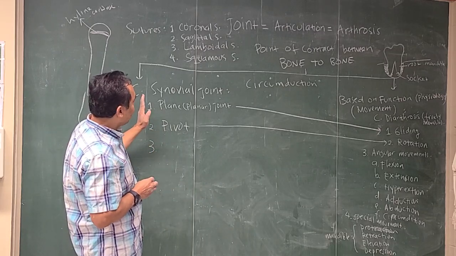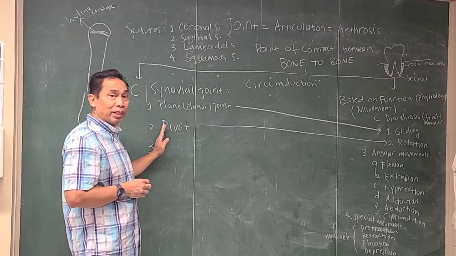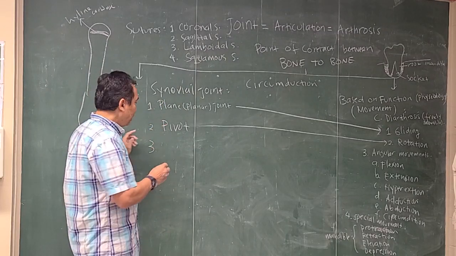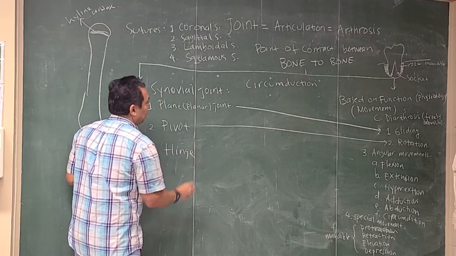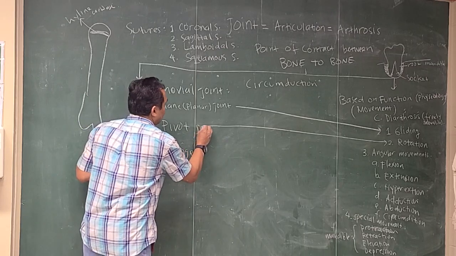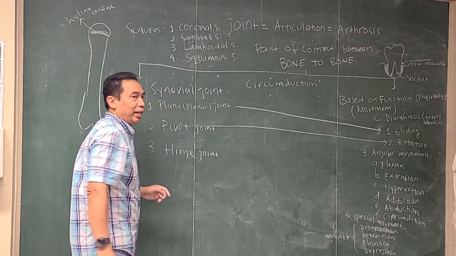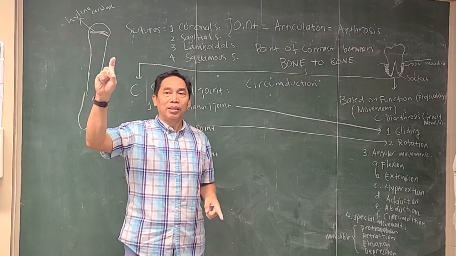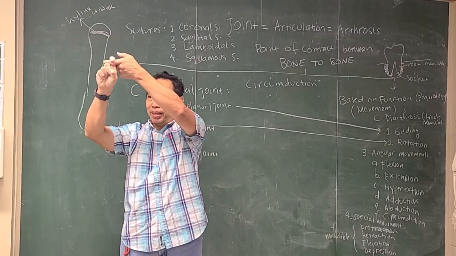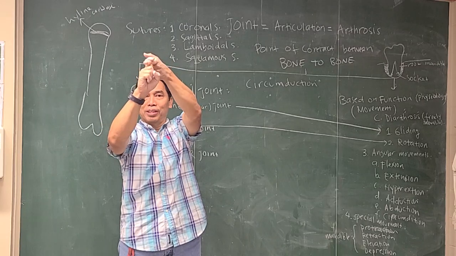We're going back to the types of synovial joint. First is planar. Second is pivot. The next one is called the hinge joint. In the hinge joint, one bone usually has a hook type, and the other one makes the hook stay.